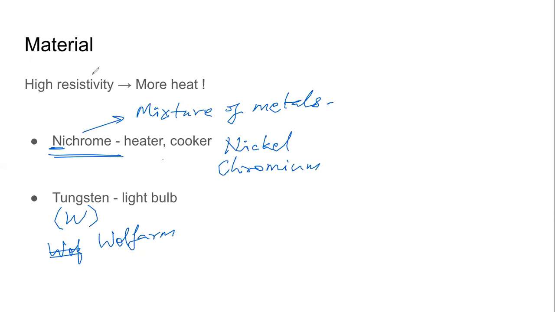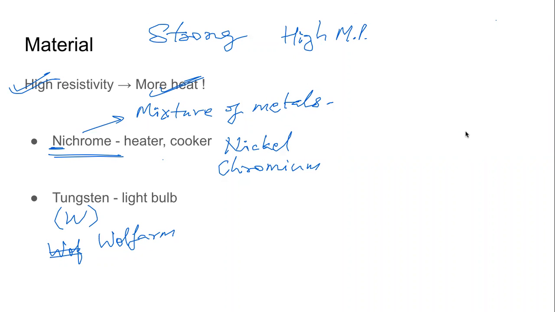Now you tell me, this is very easy. We need high resistivity to produce more heat. What else do we need? What other properties do we need in these materials which we want to use in a light bulb or in a coil of a heater? One obvious property is they should have high resistivity, high resistance.